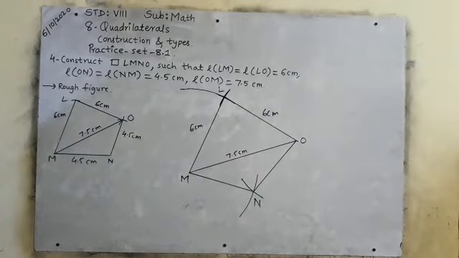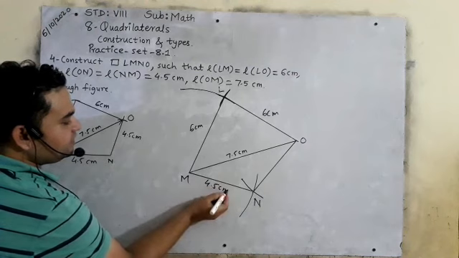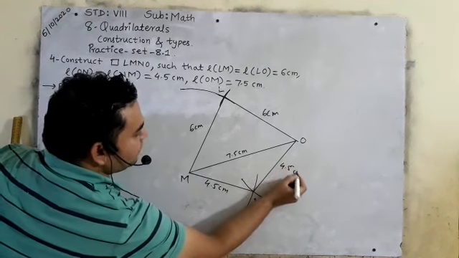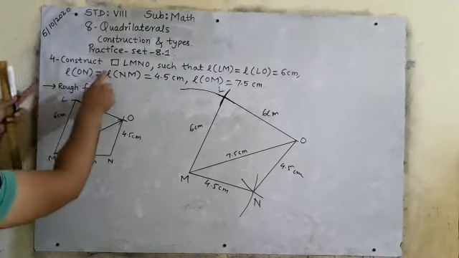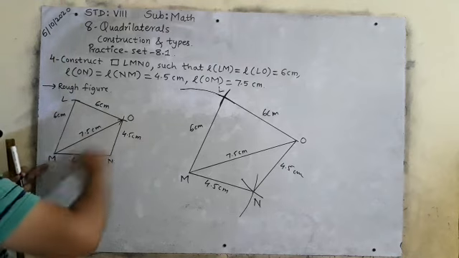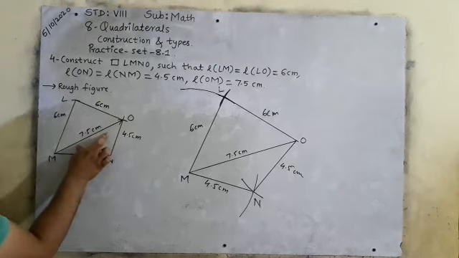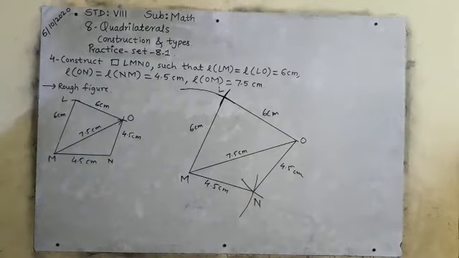I hope you understood how I have drawn. See, this is 4.5 centimeter. This is also 4.5 centimeter. We have to construct a quadrilateral. The quadrilateral measurements are given and one diagonal measurement is given. So I will draw this diagonal MO first.